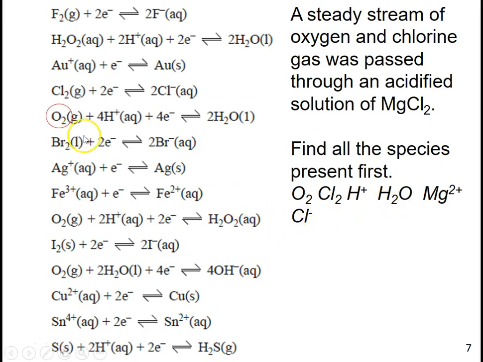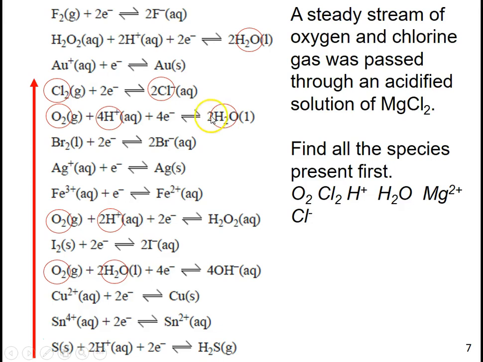Okay, so oxygen, and it's acidified, so we've got the hydrogen here. And chloride, chlorine ions, chlorine molecules, oxygen molecule with more hydrogen, oxygen with water, and our plain water, and there's nothing else.